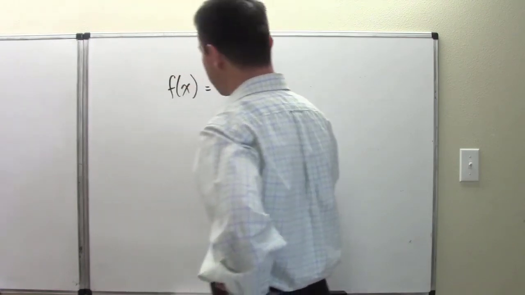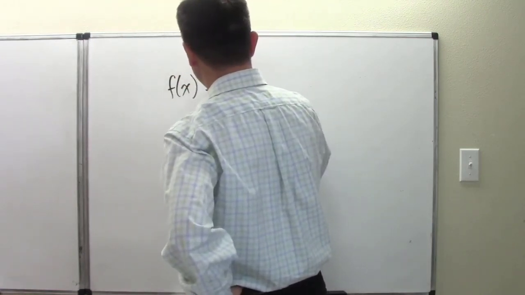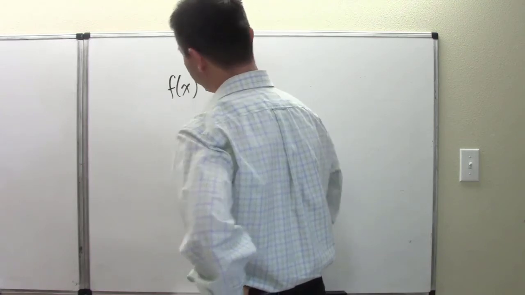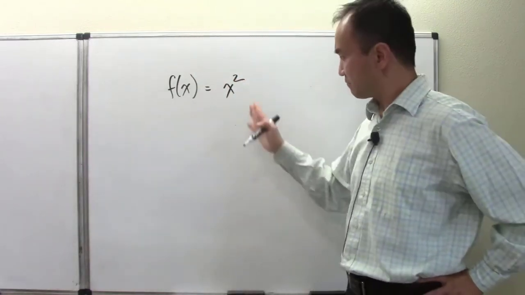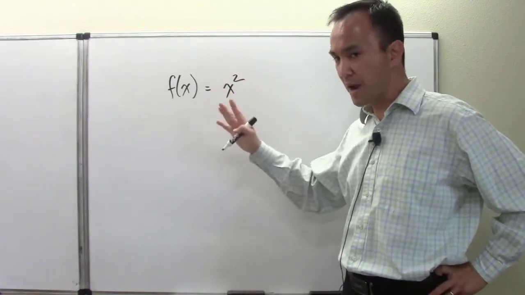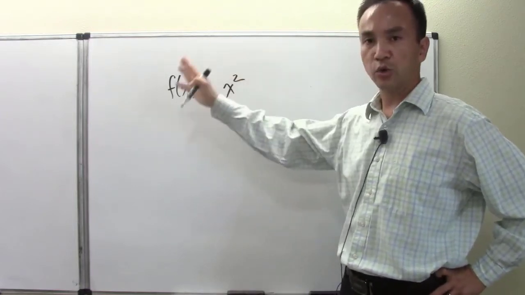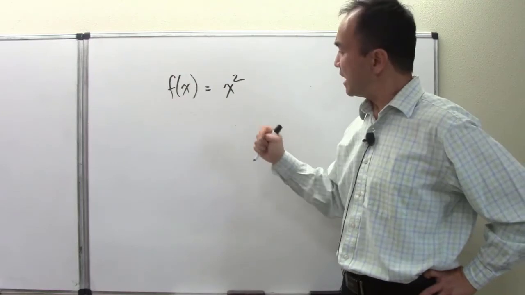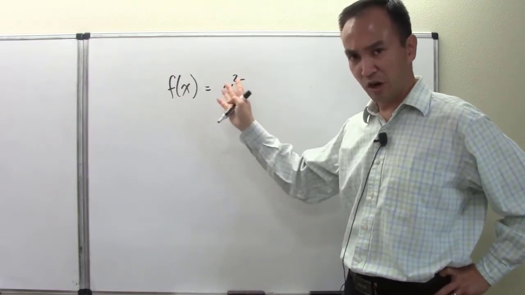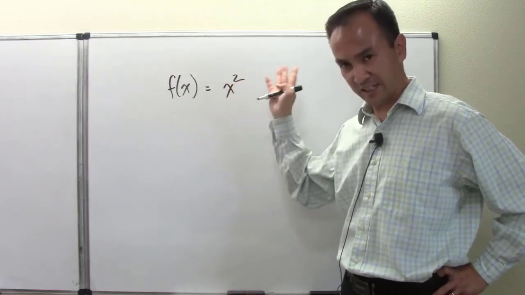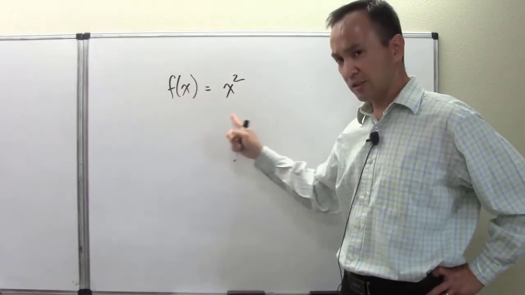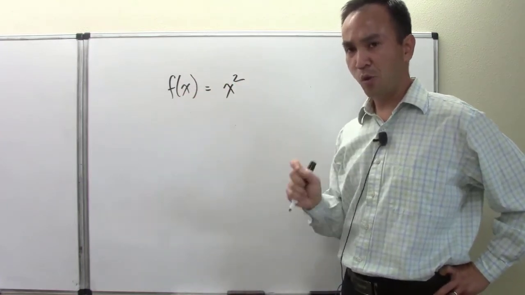Let's say we're looking at the function x squared. You may know this or you may not, that's okay, but this is one among the toolkit functions. You may or may not know the name, that's still okay, but this is called the simple quadratic function.